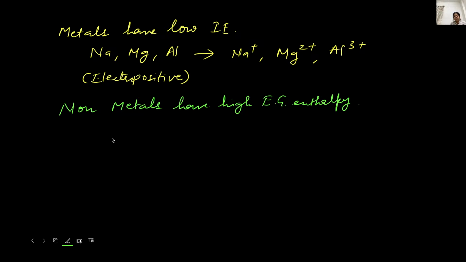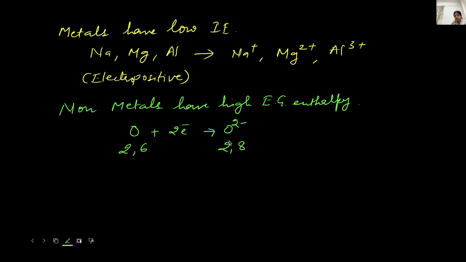Now what does this mean? Suppose we look at the example of the oxygen atom, it has electronic configuration 2, 6. If it gains 2 more electrons, it changes into oxide ion with a stable inert gas configuration.